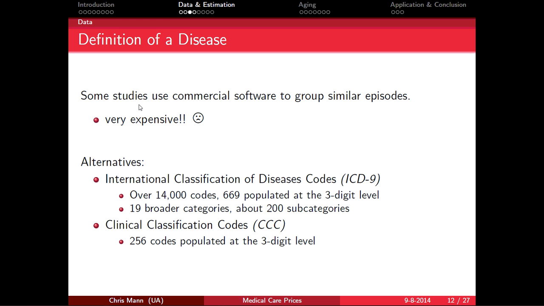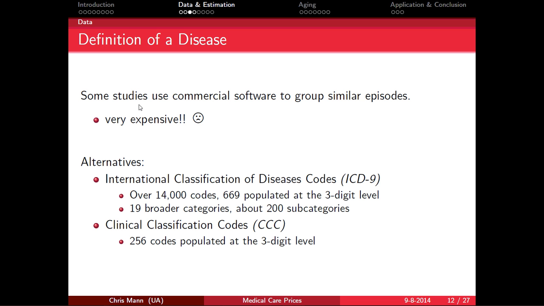Now, though I said that there are 14,000 codes, within the data, there are 669 that are populated at just the 3-digit level, right? Which is a slight aggregation from the individual 14,000 code level.